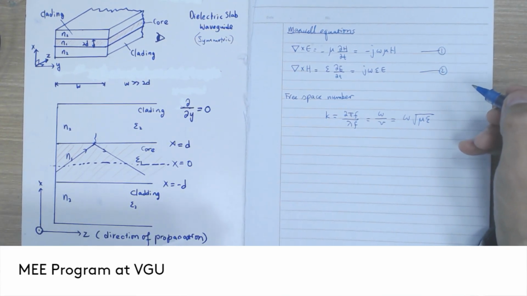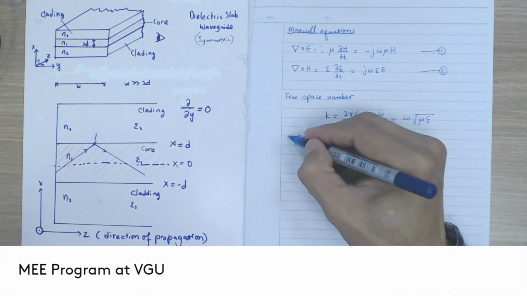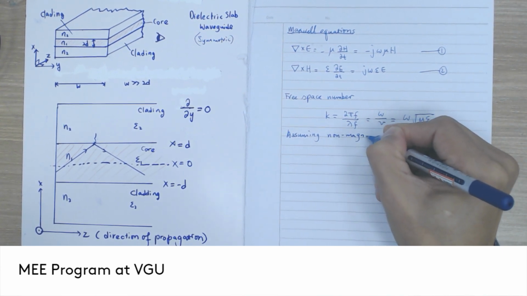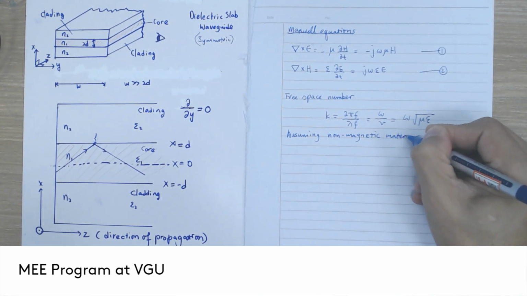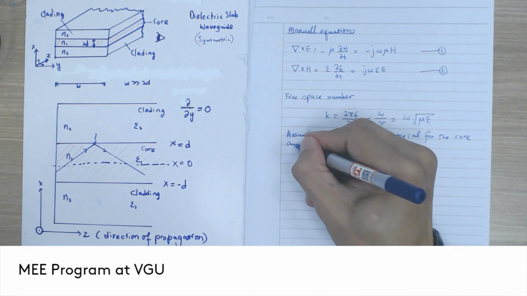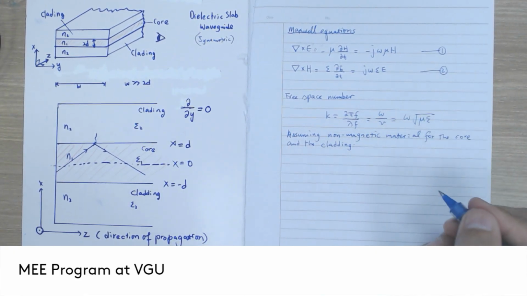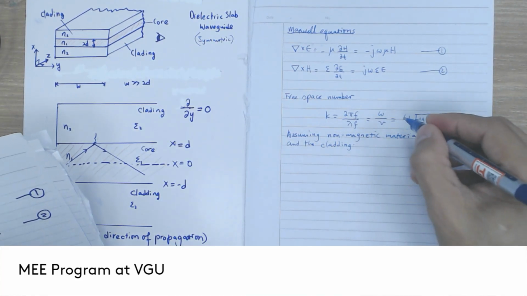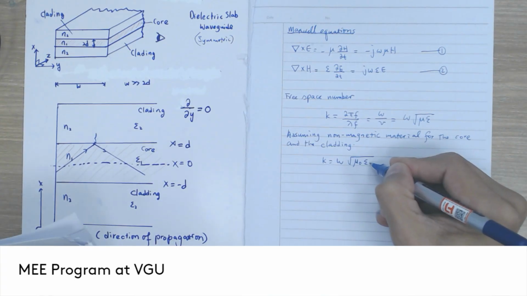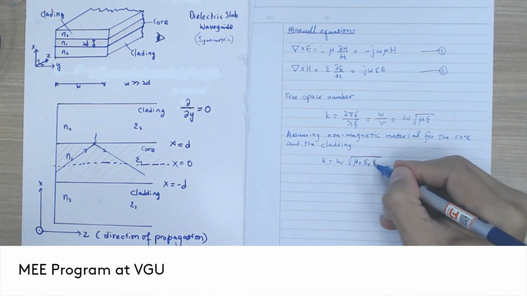Now, assuming that the dielectric materials are non-magnetic, for the core and the cladding, we can rewrite k as omega times the square root of mu naught and then the relative permittivity, and this one.